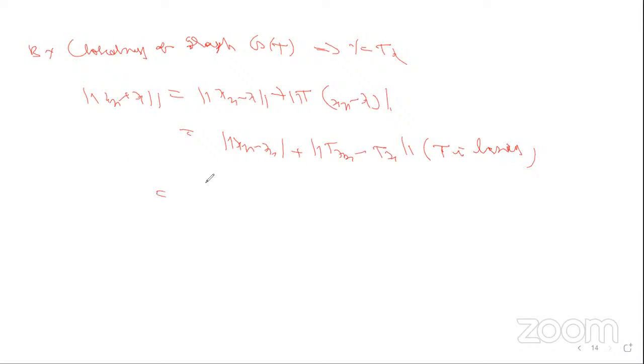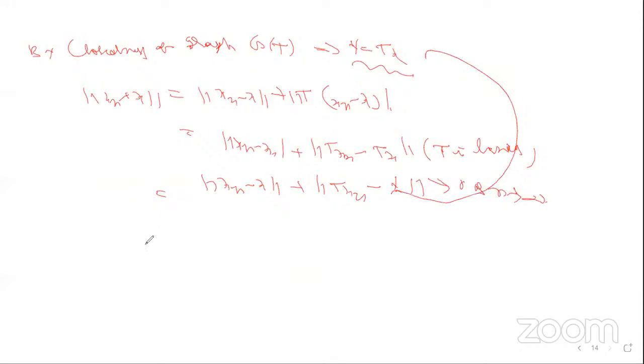That implies norm of Xn minus X plus norm of T of Xn minus y tends to 0 as n tends to infinity, because T of x equals y, which we defined above, so I substituted that here. So B1 is complete.